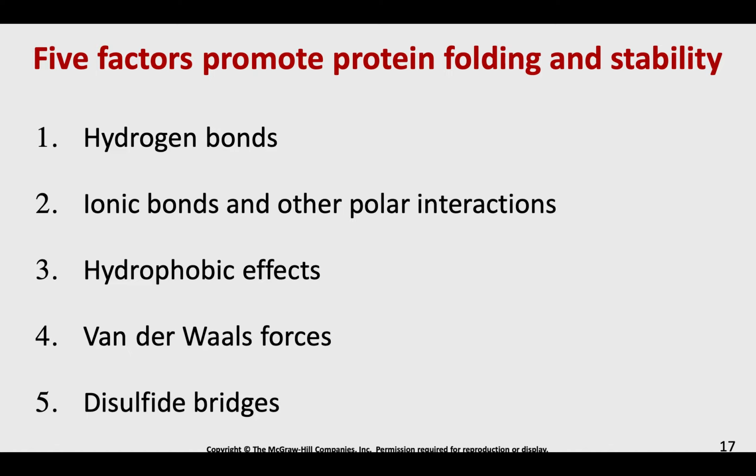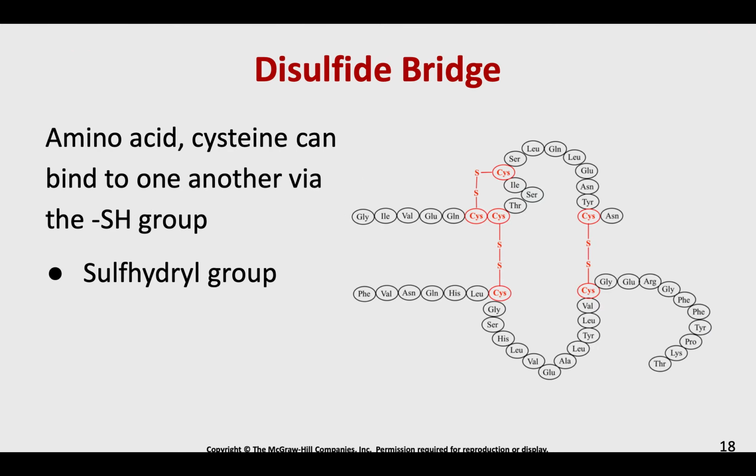Next, we have the disulfide bridge, right? This is another type of bond that can help promote folding. I actually threw in another slide here, which I don't think is in your copy of the slides, but I thought an image might help you understand this a little bit better. So on a disulfide bridge, this is where we have an amino acid called cysteines, all right?